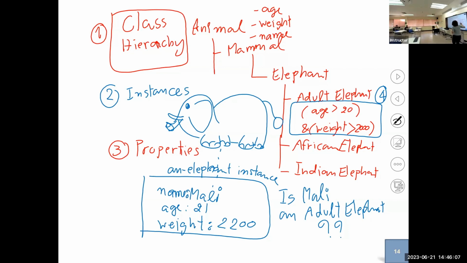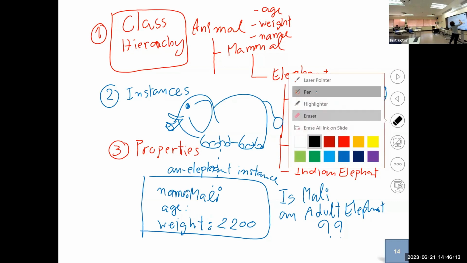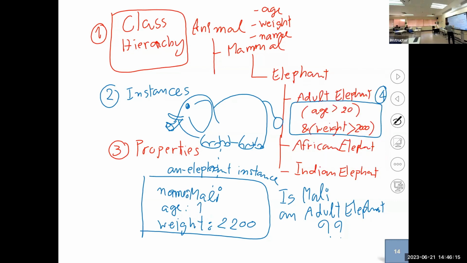If I change the value of Mali, she is now 15 years old only, but she is overweight. Sorry, she eats a lot. Is she an adult elephant? No, she doesn't qualify the conditions, right? So this ontology is an example.